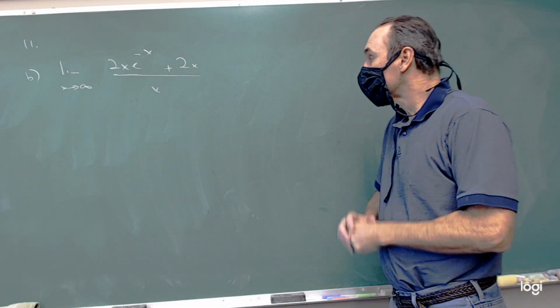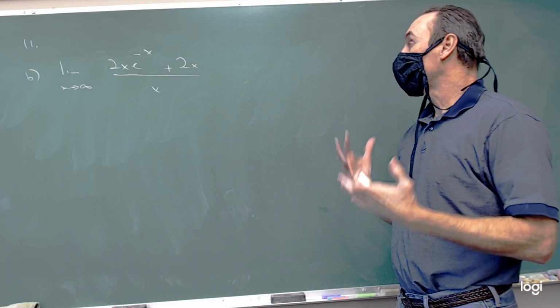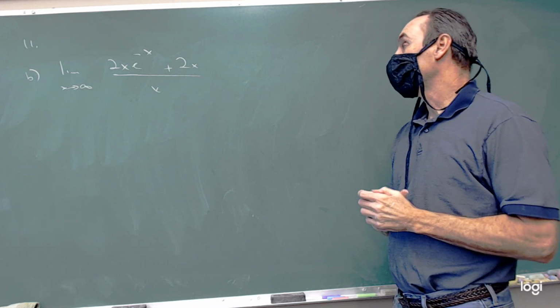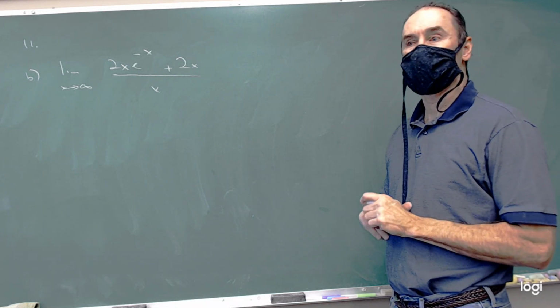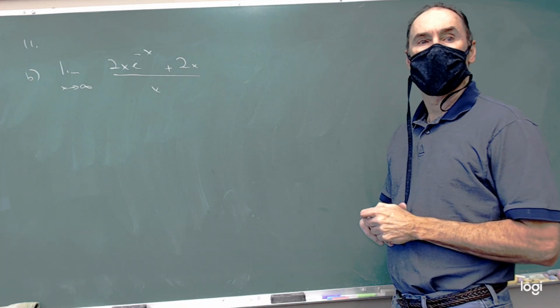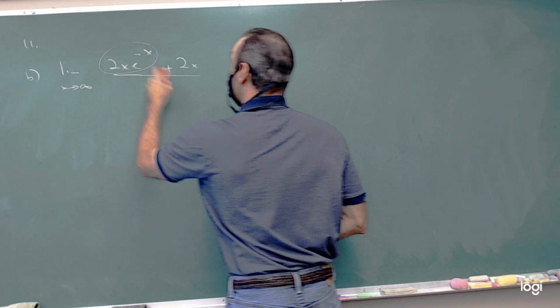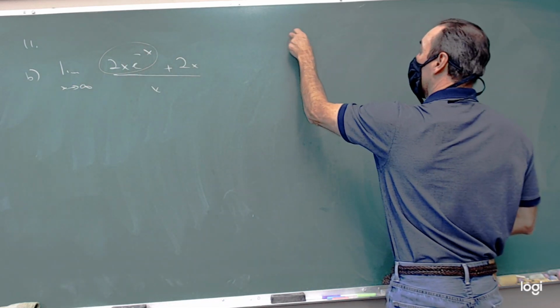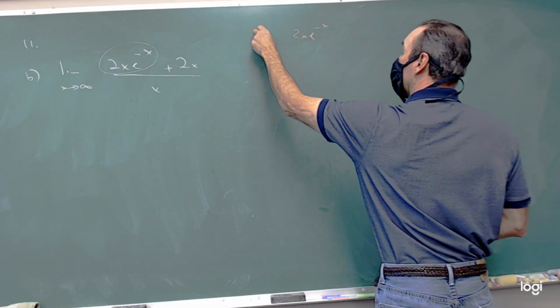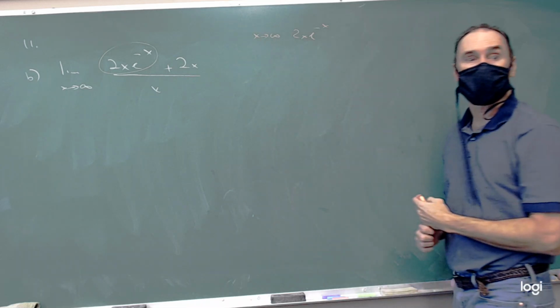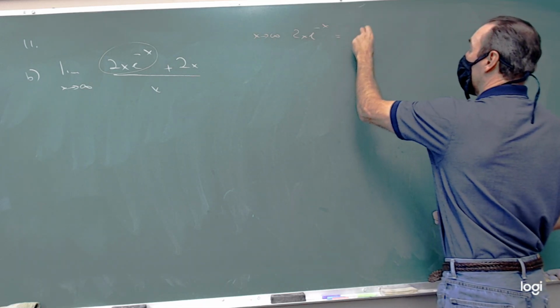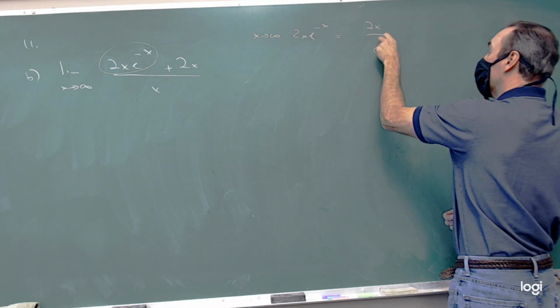As x gets really, really big, the real question is what's happening to e to the negative x? If we just look at this part, I'm going to pull that off to the side. This 2x e to the negative x, as x goes to infinity, the e to the negative x is really 1 over e to the x.